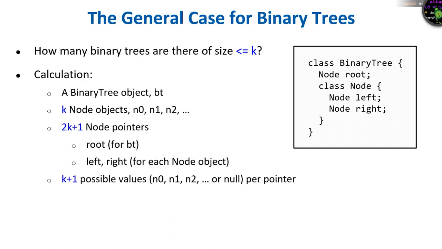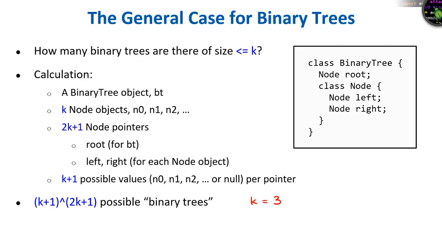Also, allowing a null pointer value, we have k plus 1 choices for each node pointer. Therefore, we have k plus 1 to the power 2k plus 1 possible binary trees. You can verify the solution to the quiz by plugging in the value 3 for k in this expression.